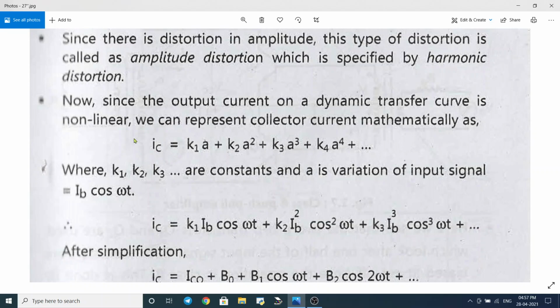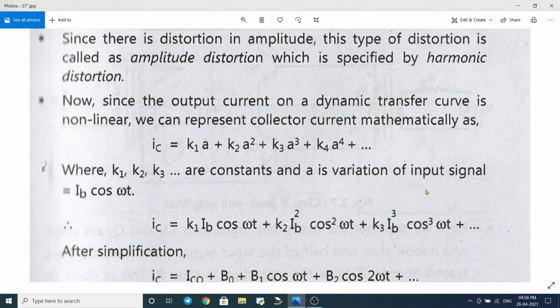For example, the physical quantity is collector current, a non-linear physical quantity. We can express it as K1 A plus K2 A squared plus K3 A cubed plus K4 A raised to 4 plus and so on, where K1, K2, K3 are arbitrary constants, and A is the variation of input parameter.